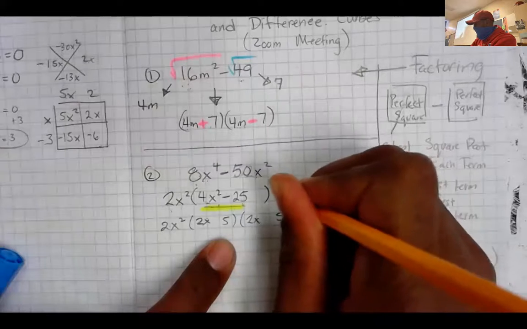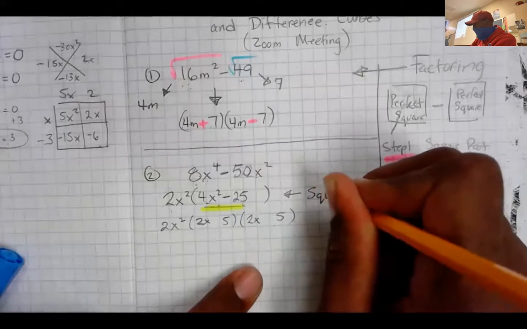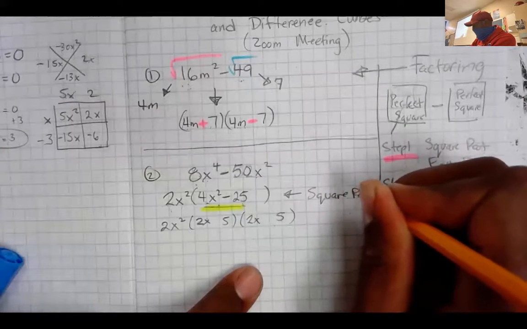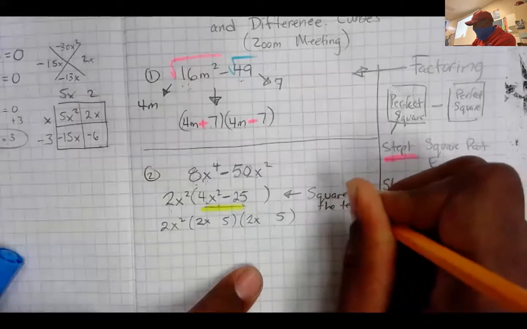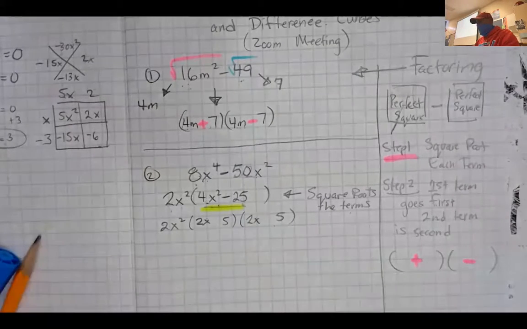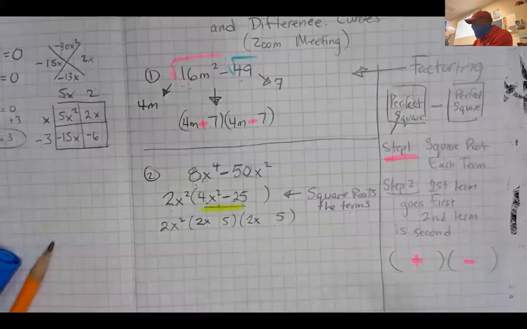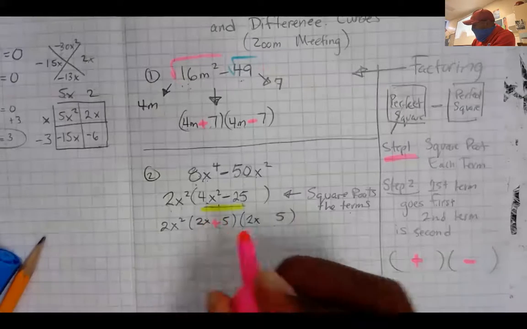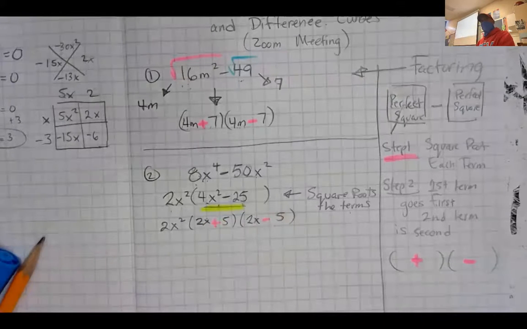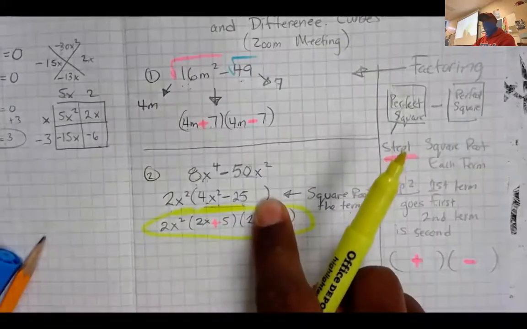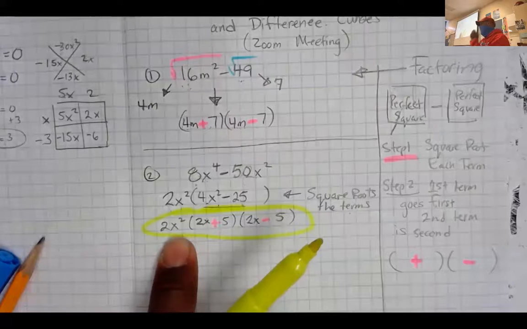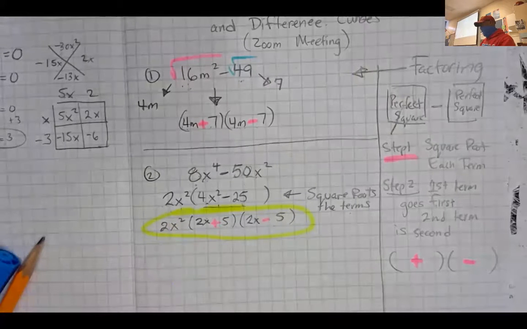So here, we'll say that we square root the terms. And then what signs do we always have when we do perfect squares? Plus and minus. Okay. So I did the difference of squares, but first I had to factor out that common factor.